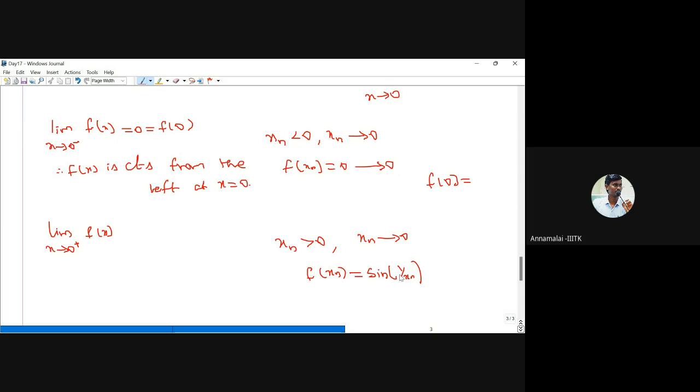Therefore, this limit does not exist. So the limit does not exist, therefore f of x is discontinuous of the second kind from the right.